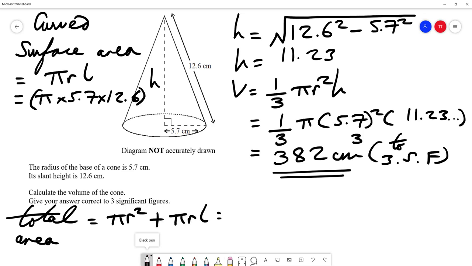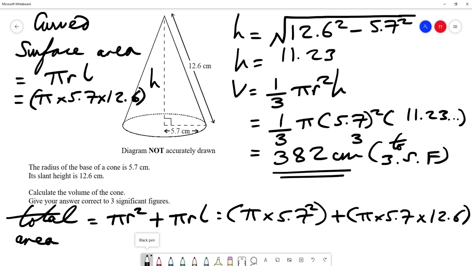So now we can substitute the values in. So pi times 5.7 squared plus pi times 5.7 times 12.6. Type it straight into our calculator.